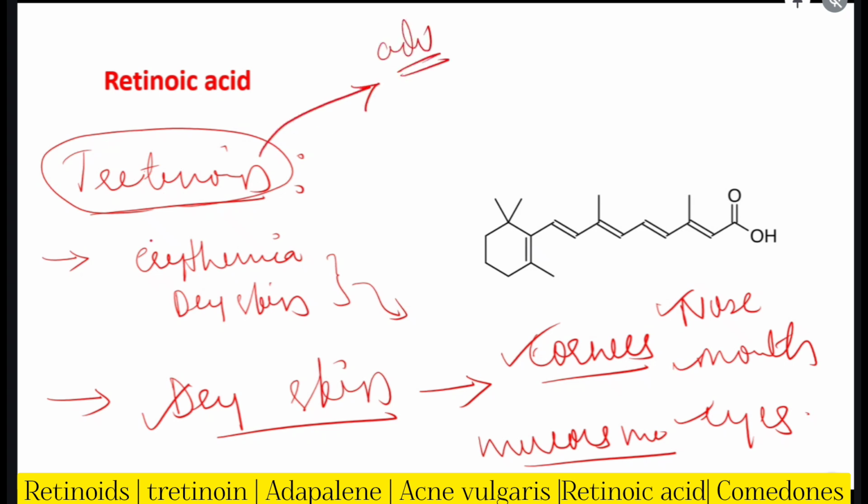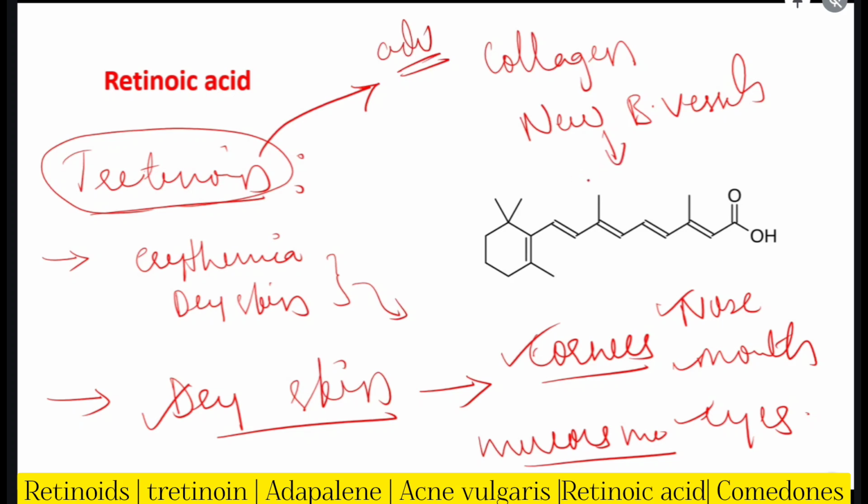The prolonged use of tretinoin will promote collagen synthesis, and because of this collagen synthesis, it also helps in formation of new blood vessels, and with that it decreases the wrinkles and lines on the face and it glows the skin.